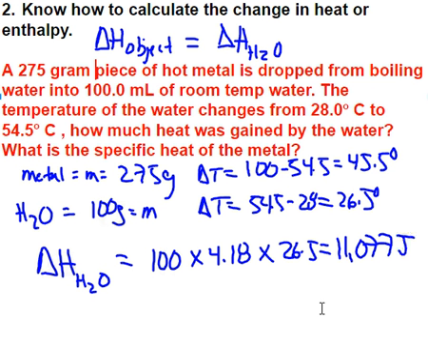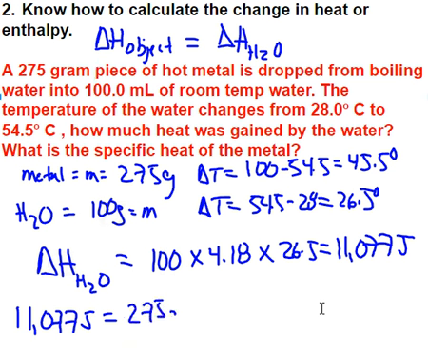So then if I want to know what's the specific heat of the metal, well, I'm going to assume this also is delta H for the metal, so I can plug in 11,077 for delta H for the metal.